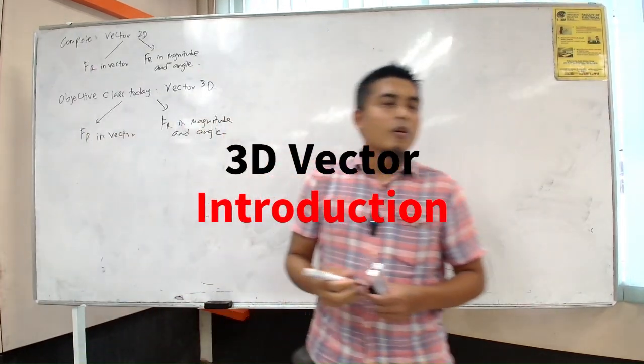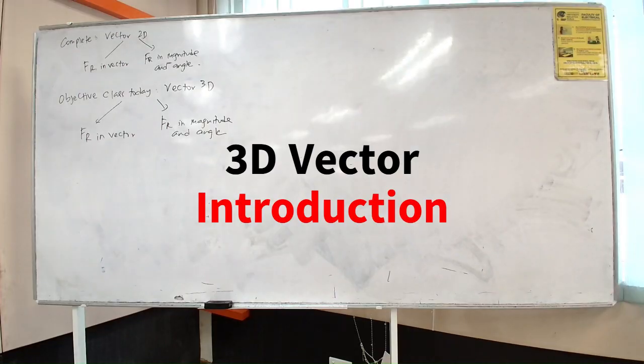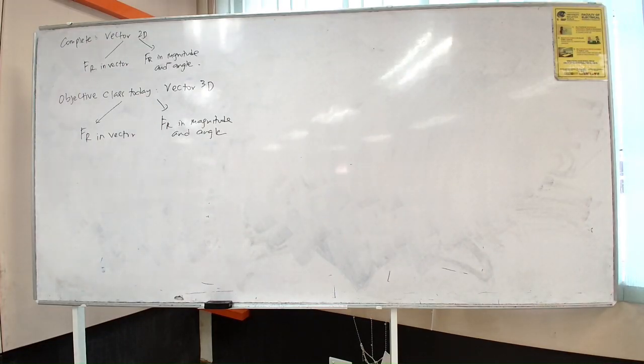Although you learn about 2D and 3D, 2D vector and 3D vector, your objective is still the same. You want to find the FR in vector form. You want to find the FR in magnitude and angle.